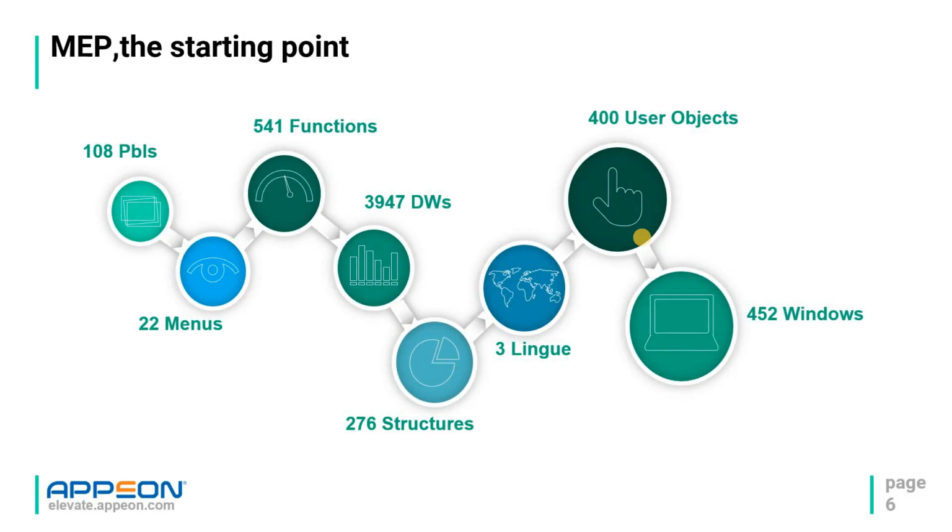That's the starting point. A proprietary ERP developed on PowerBuilder with these numbers: more than 100 PBLs, more than 500 functions, 22 different menus, about 4,000 DataWindows, 400 user objects, 452 windows, 3 languages.